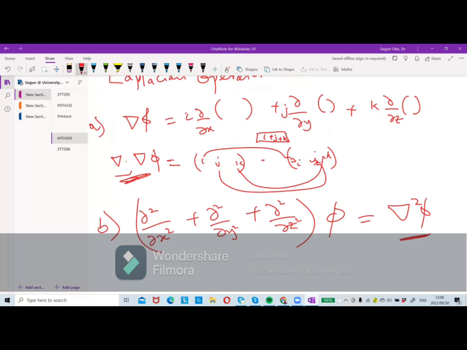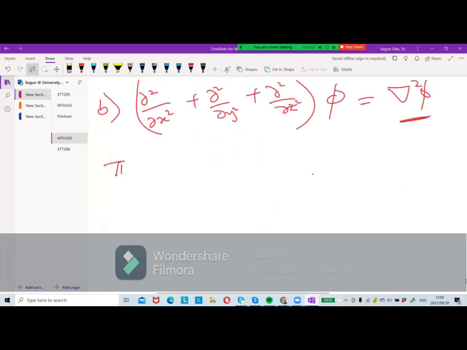So let's quickly look at the curl. How do we solve the curl when you have a question of this nature?